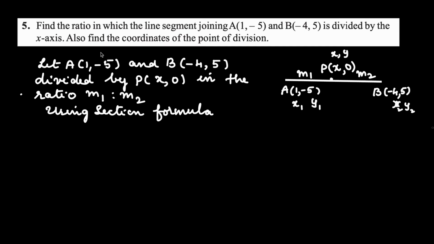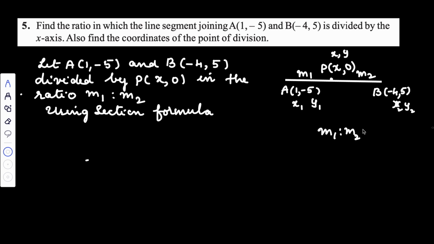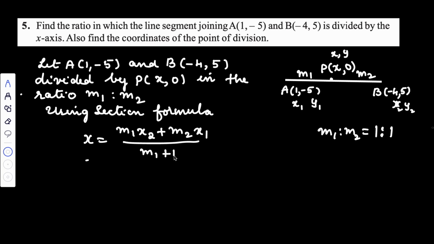Now we are finding the second part of the question: also find the coordinates of the point of division. That means we want to find P (x, 0). Already we know y. We want to find what x is, and we got the ratio here, it is 1:1. So m1:m2 is 1:1. Now we'll find x using the section formula. x is equal to (m1 into x2 plus m2 into x1) divided by (m1 plus m2).